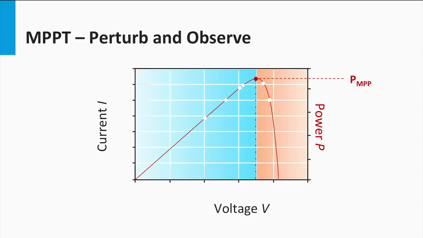You would have noticed that this algorithm takes advantage of the fact that the PV curve has an increasing nature to the left of the maximum power point and a decreasing nature to the right of the maximum power point. The problem with this algorithm is that the operating point is never steady at the maximum power point.